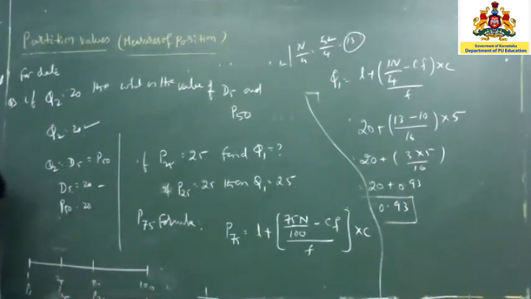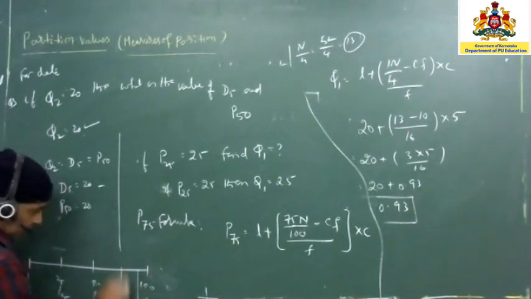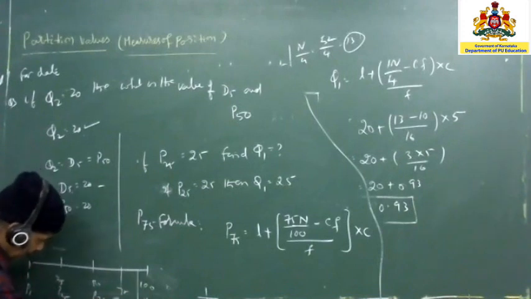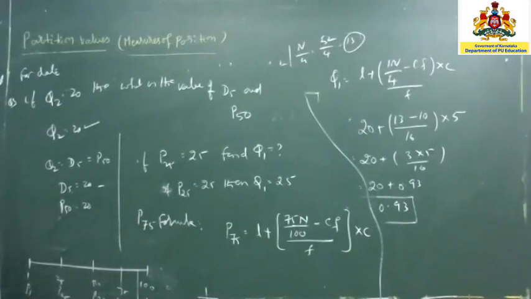So this 25 we can write as p25 or q1. p50 we can write as d5 and q2. And this third one, 75, you can write as p75, and q3, but d75 you cannot write. So these are the things which we have found out here itself.